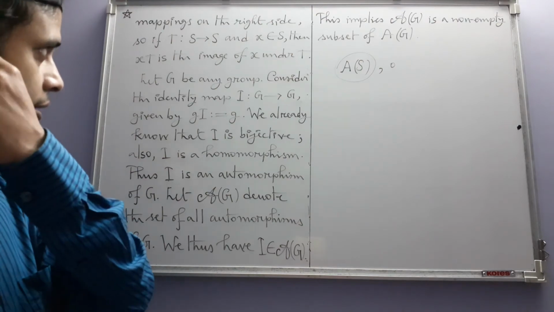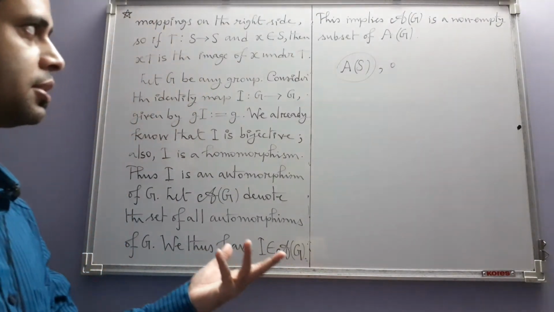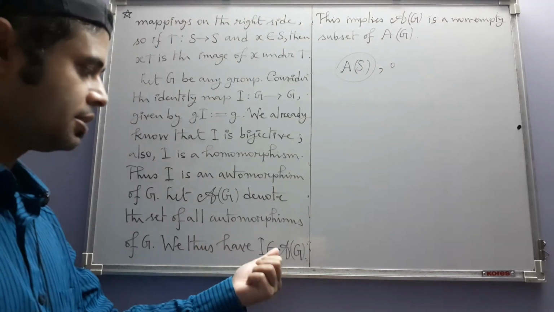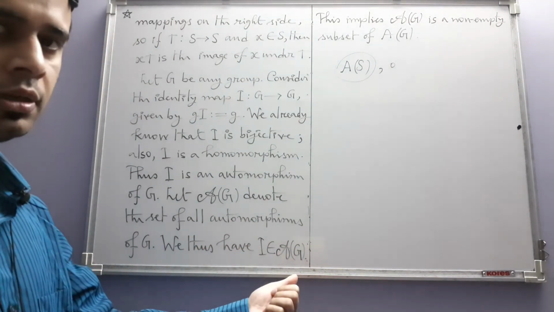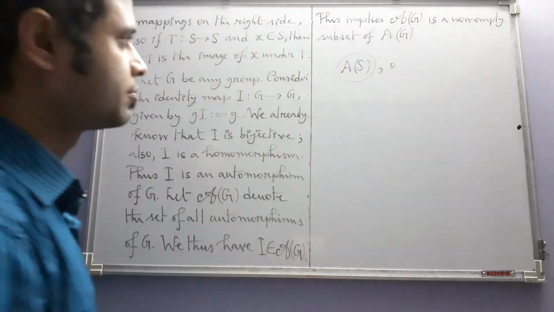Now we are saying that this is a non-empty subset of A(G). This is non-empty, fine, because I is here. But how is it a subset of A(G)?